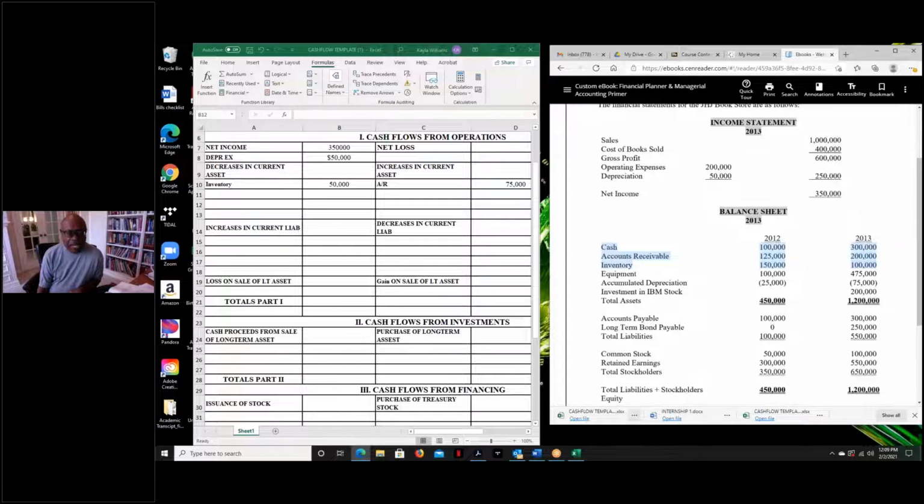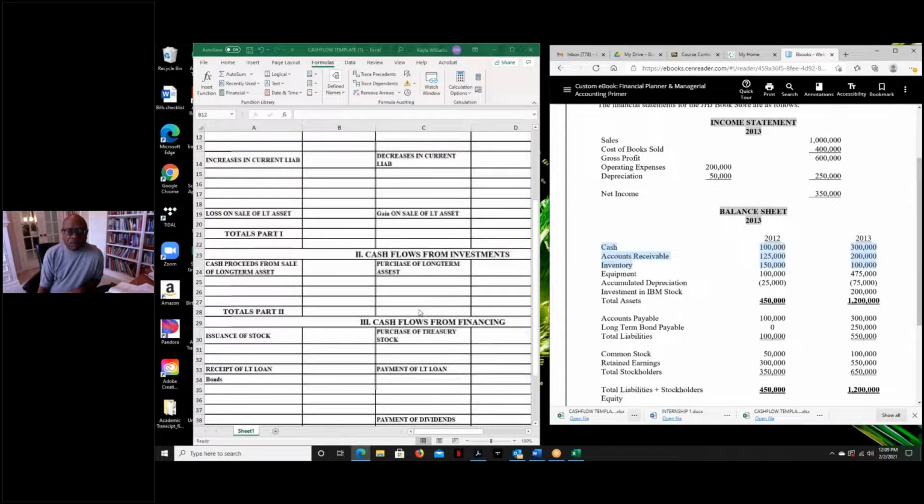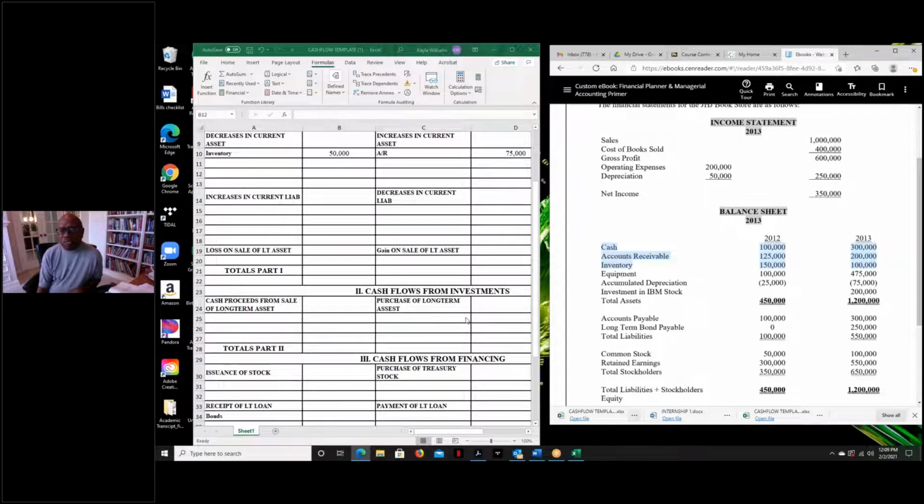But long-term assets go where? Oh shoot! You know what? That sure is right. So we're in part two now. Okay, so a second part. Is it the same concept though? Like if it increases it goes on the right side, and if it decreases it goes on the left side? Correct.